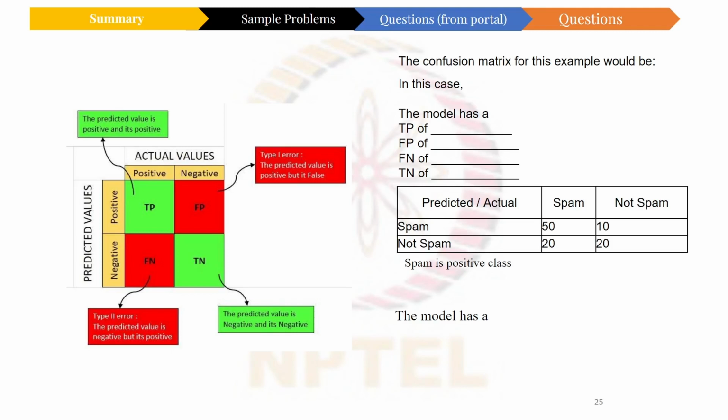So consider in the given confusion matrix, spam as the positive class. Find the number of true positives, false negatives and true negatives.